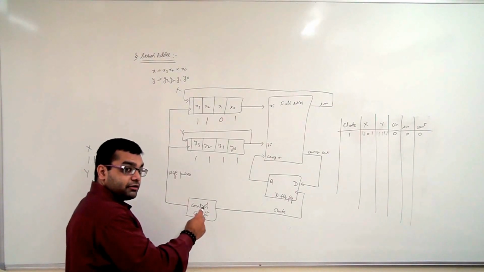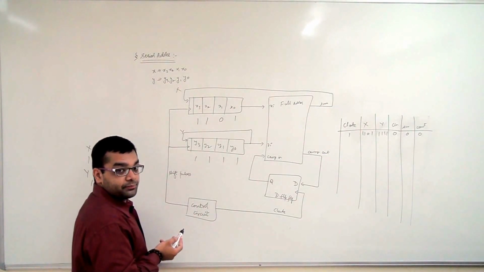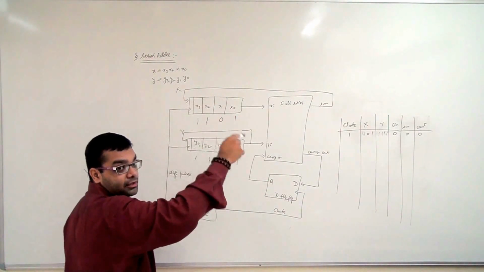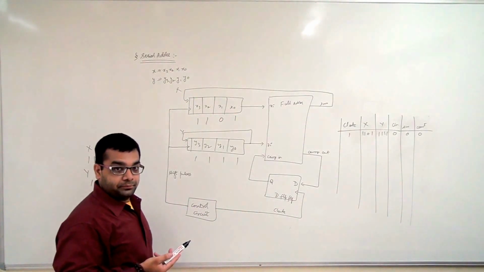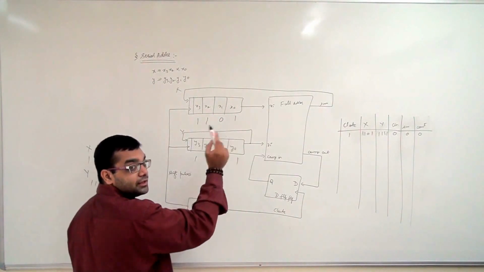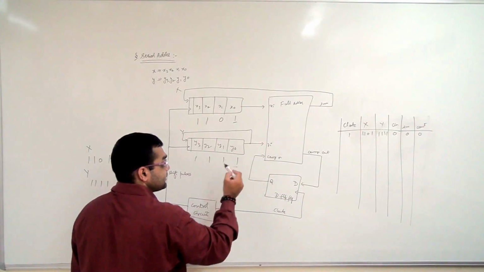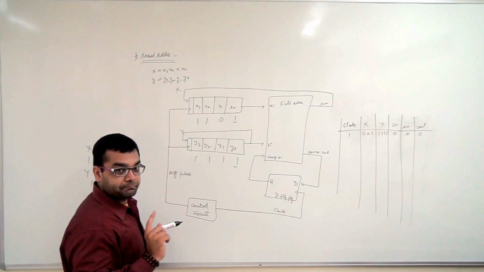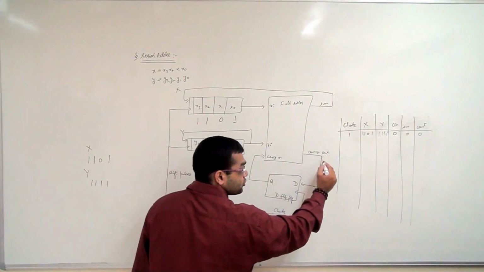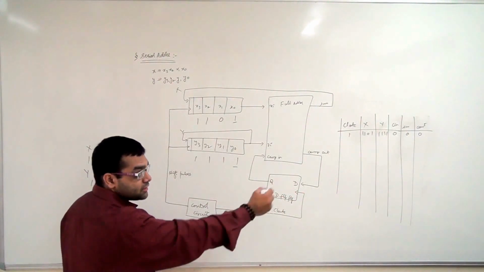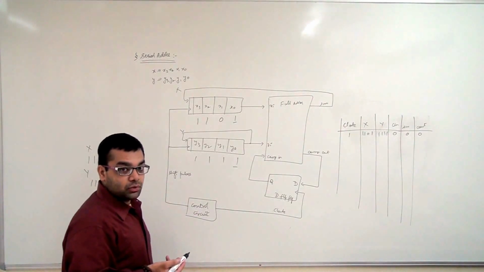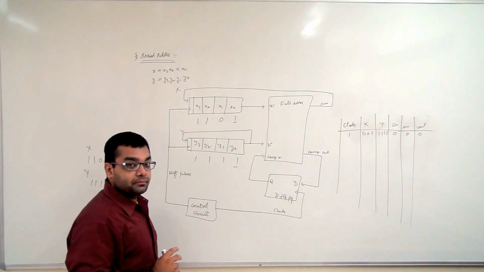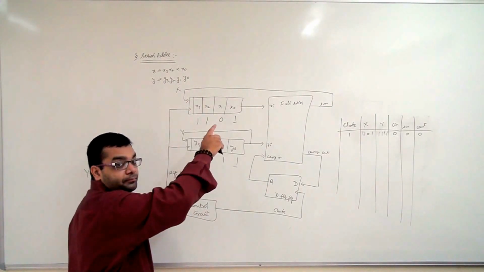Our control circuit keeps generating the shift pulses, so that the transfer of the value and the shifting take place simultaneously. In the first cycle we add this and this. Sum is 0, carry generated is 1. So this 1 goes here, in the last column, the carry out, and the sum, that is 0, comes in over here.